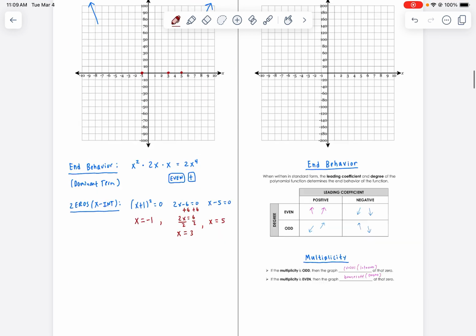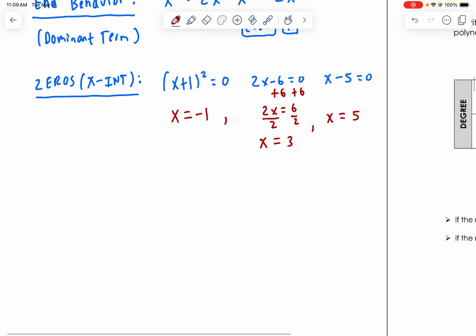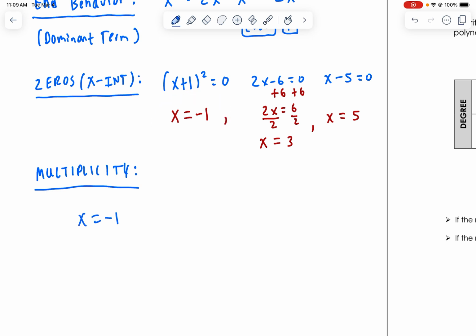Now, next thing that I always recommend is to analyze the zeros that we have based on their multiplicity. So here we're looking at the multiplicity of our zeros. If you look at x equals -1, I'll write that here. We had a multiplicity of 2.